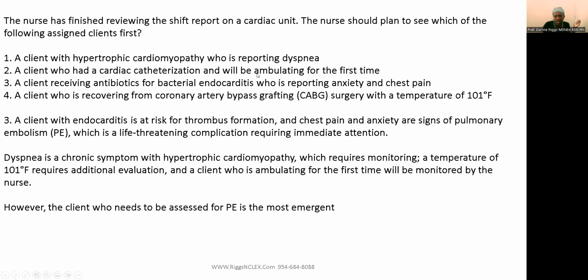With the cardiac catheterization, they're gonna ambulate with you for the first time. There's nothing wrong with this client. So number one is expected, nothing wrong with this client. The temperature is not gonna kill them right away. The chest pain, reporting anxiety, this condition puts them at risk. Okay, so the client that needs to be seen right now is the endocarditis reporting the anxiety and the chest pain. So this is a great example of all this chest pain stuff we've been talking about.